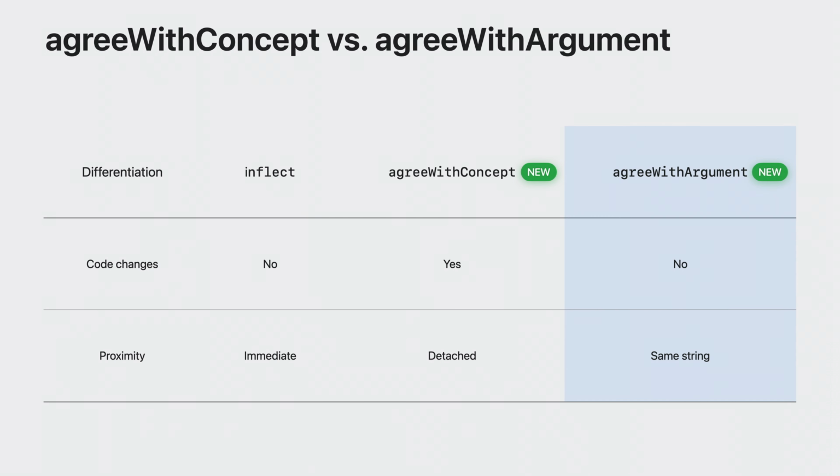Unlike agree with concept, where you need to make changes to the code base by passing the value of the food name, the agree with argument attribute does not require any code changes and is an easy way to facilitate agreement not possible with the inflect attribute. We can use agree with argument to indicate that hecho should agree with an argument that is elsewhere in the string.